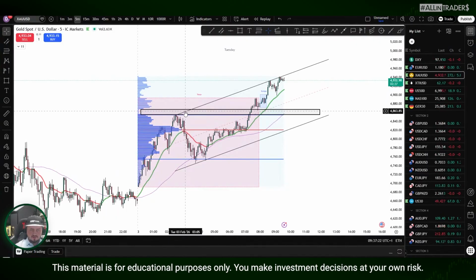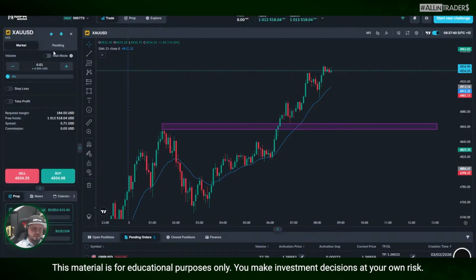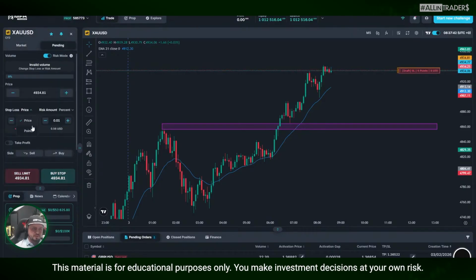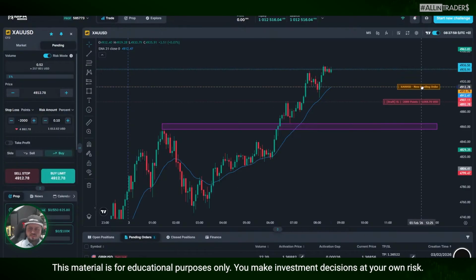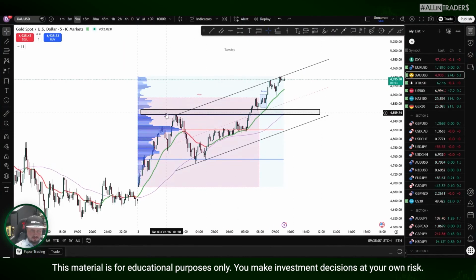This area is somewhere a little bit higher than this top, 86209. Advanced pending order, risk mode, price points percent, okay, 0.1. Small risk for this trade. I don't want to risk too much, because we are trying to get maybe 1 to 5 risk reward ratio.